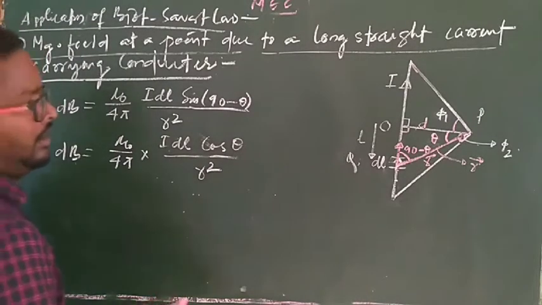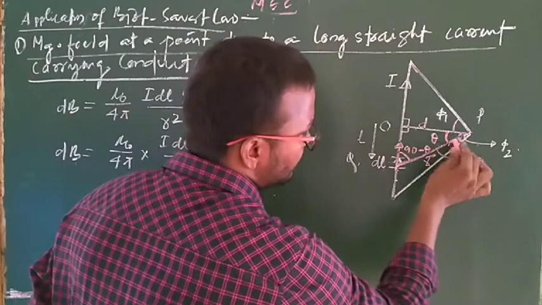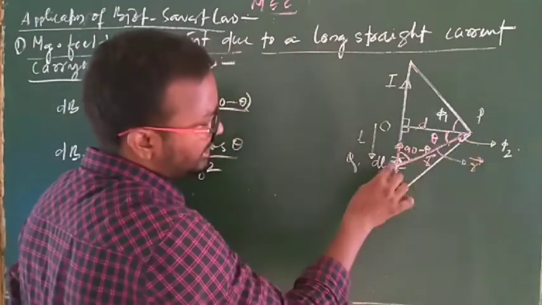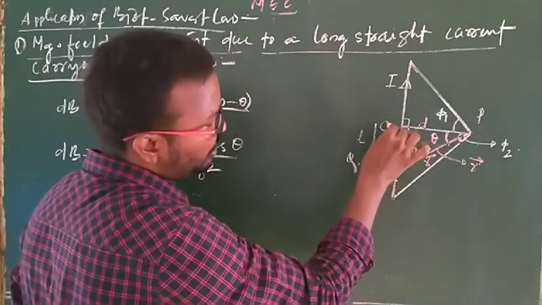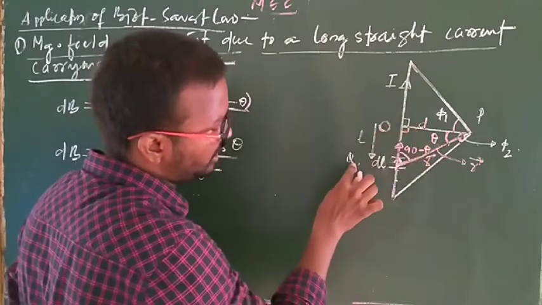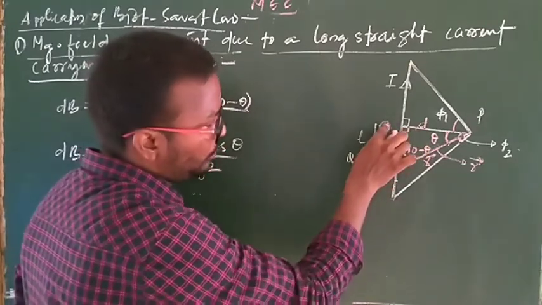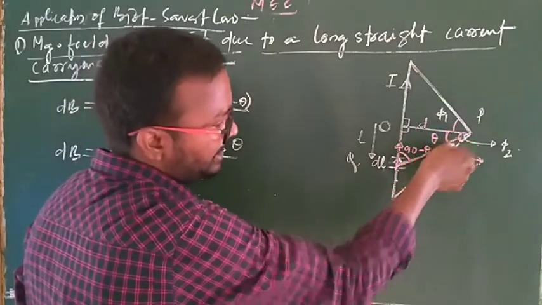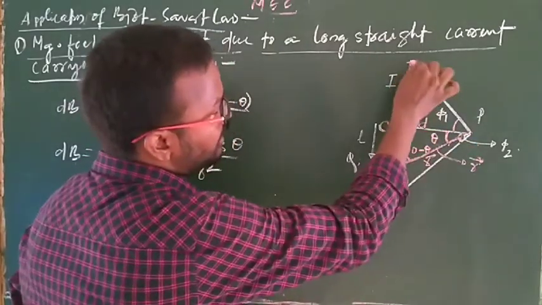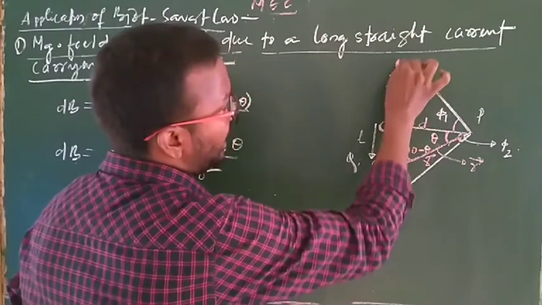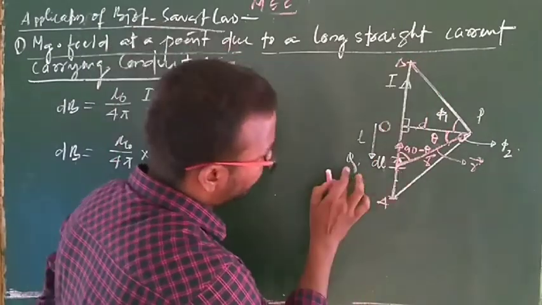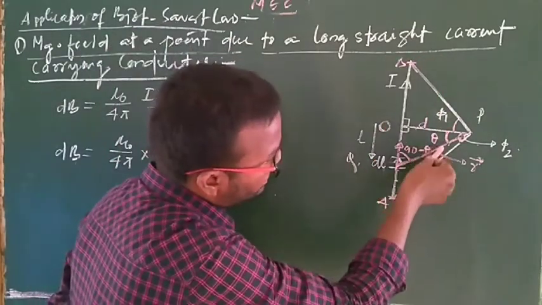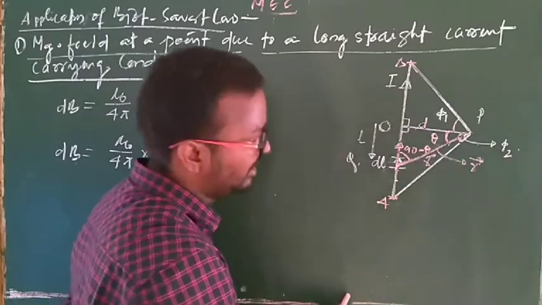Here the angle also changes, because if we coincide point Q with point O, then theta will be 0. Then, this is conductor A and B. If we take point Q at point A, then theta will be phi 2. Clear?